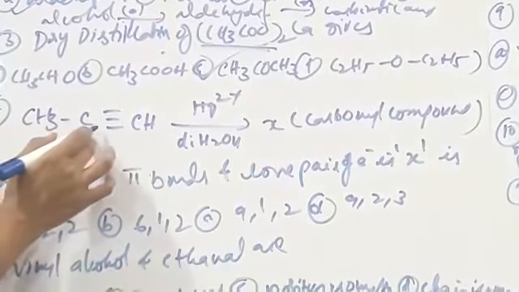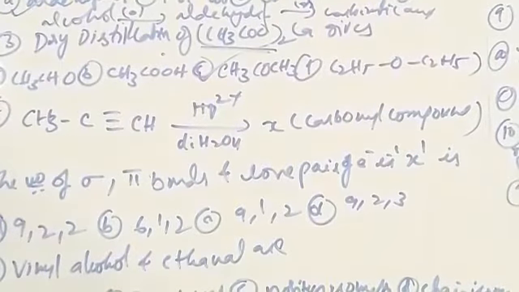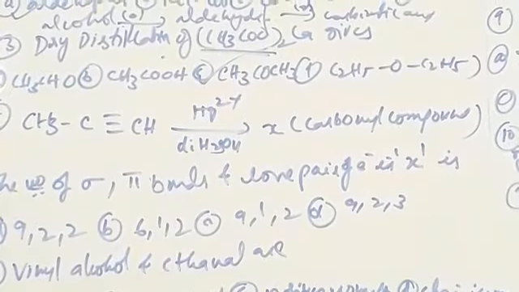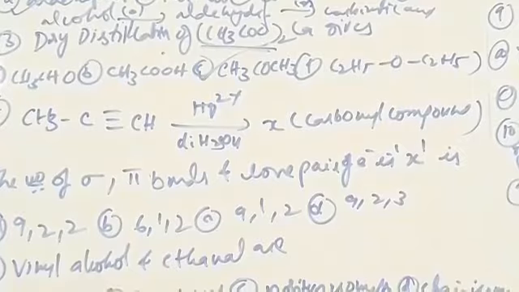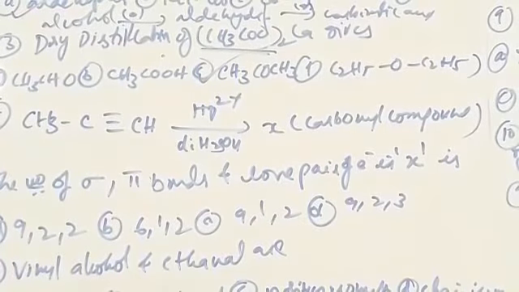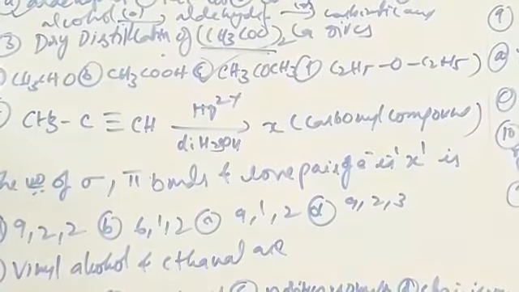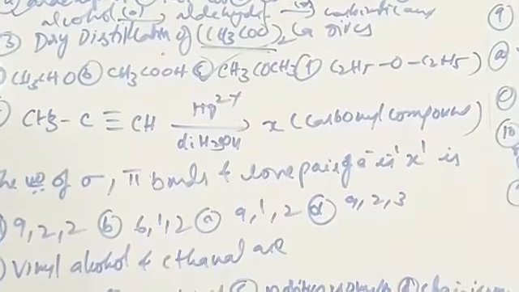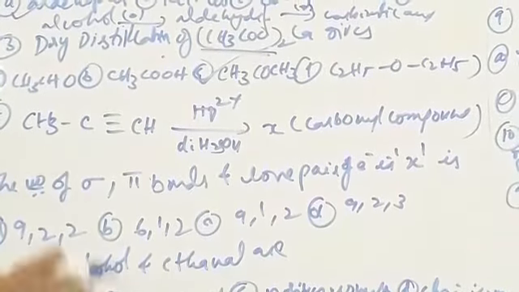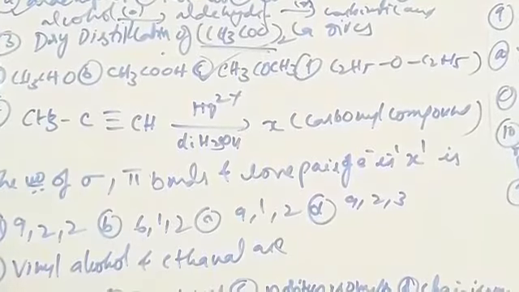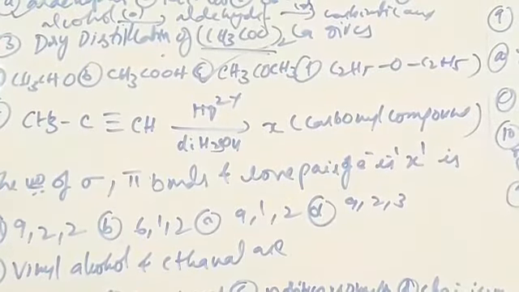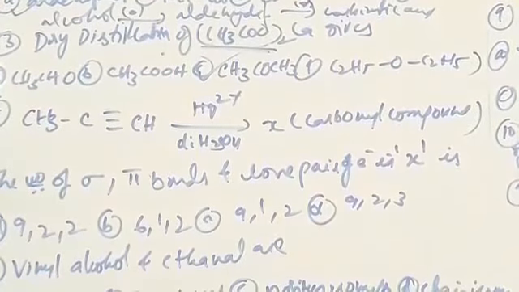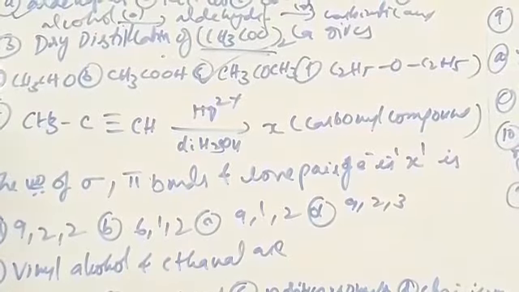Next, propyne, CH3C triple bond CH. Propyne in presence of mercury ions and dilute H2SO4 gives X. X is a carbonyl compound. Then the number of sigma bonds, pi bonds and lone pairs present in X. So this is the addition reaction of alkynes with water.